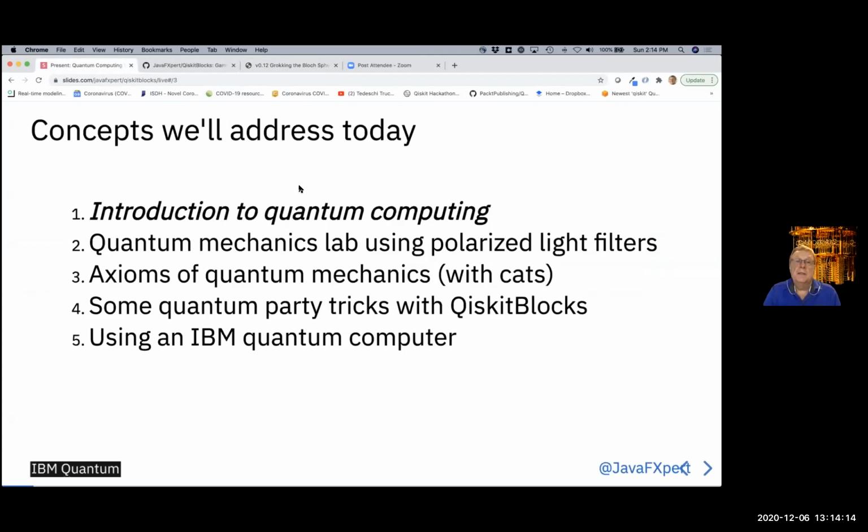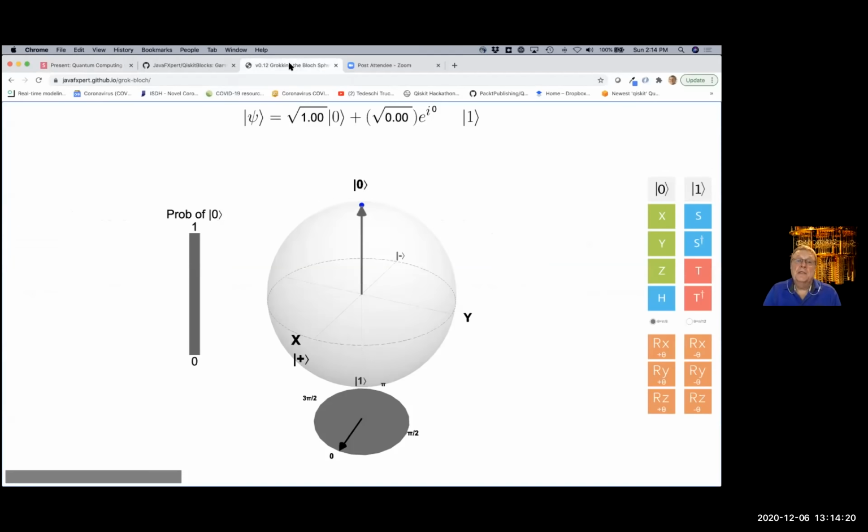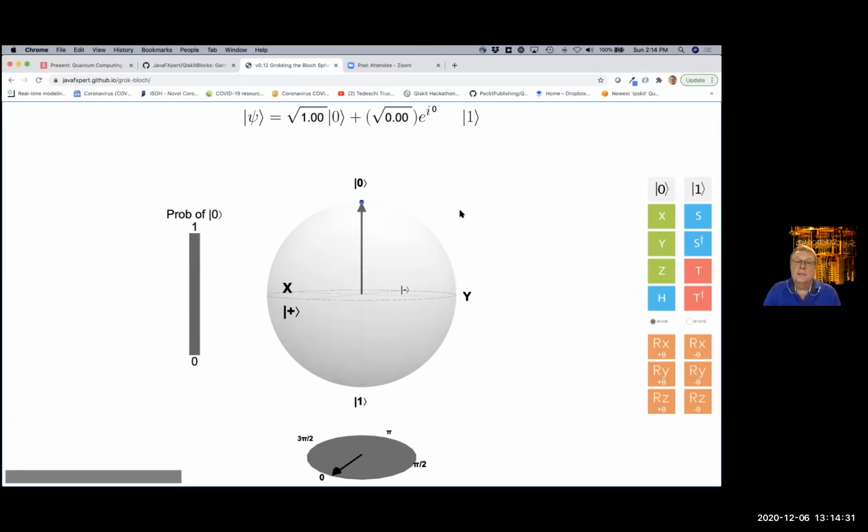On one of the pages is a link to this Bloch sphere visualization. And so we started out in the state of 0, 0 being at the top of the Bloch sphere, 1 being at the bottom. And the challenge was to make an equal superposition and actually get to this plus state.